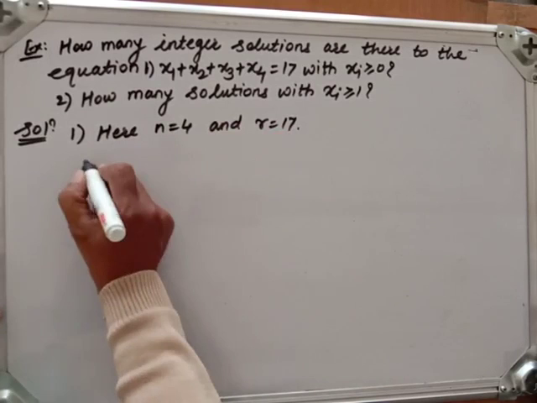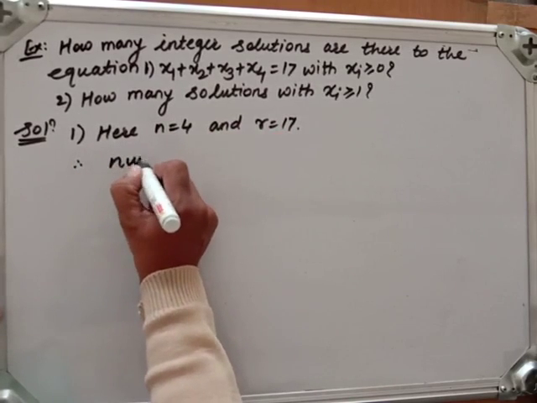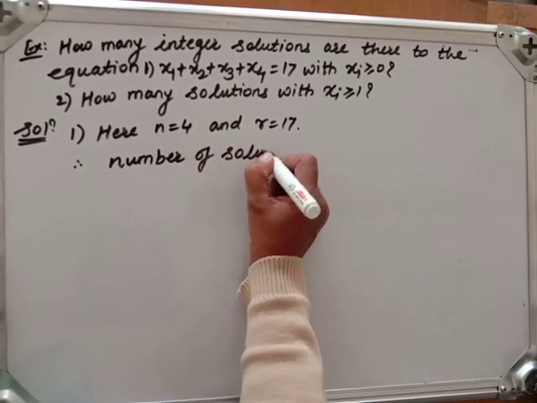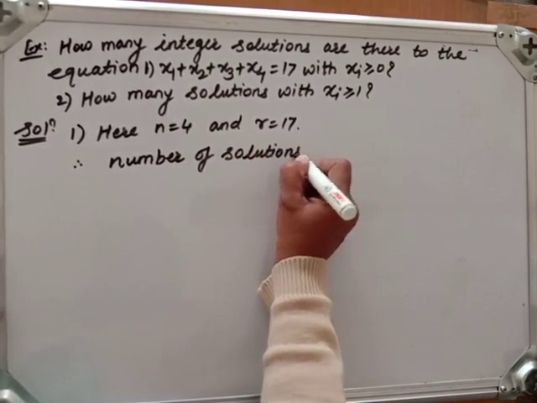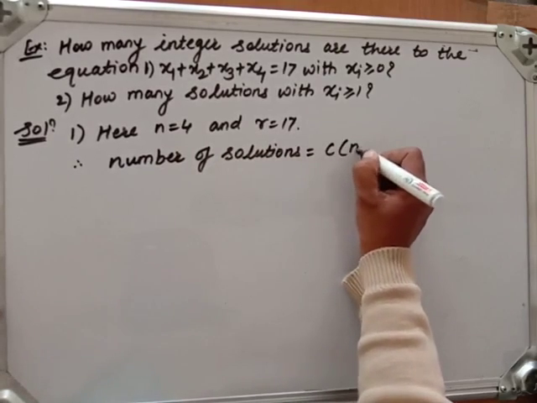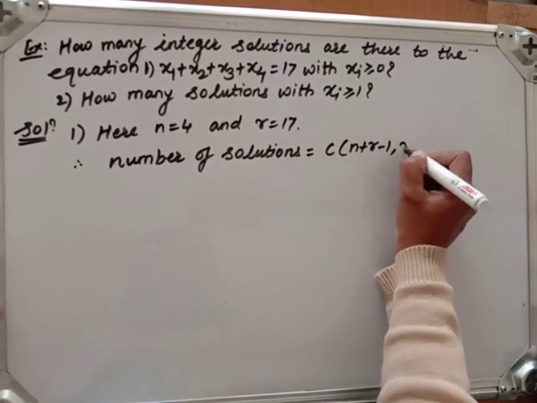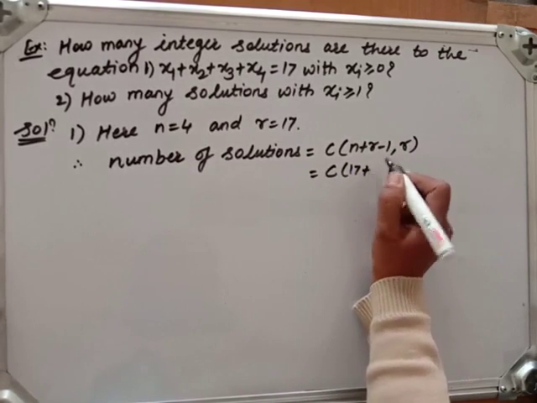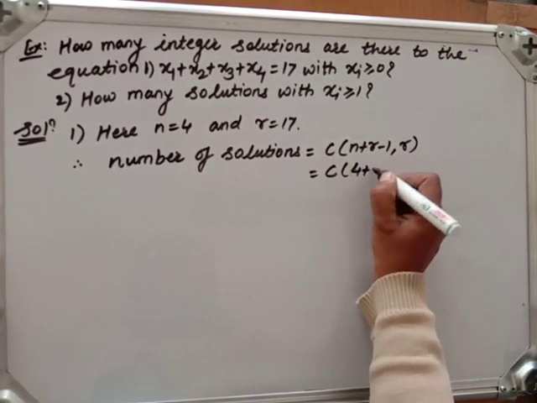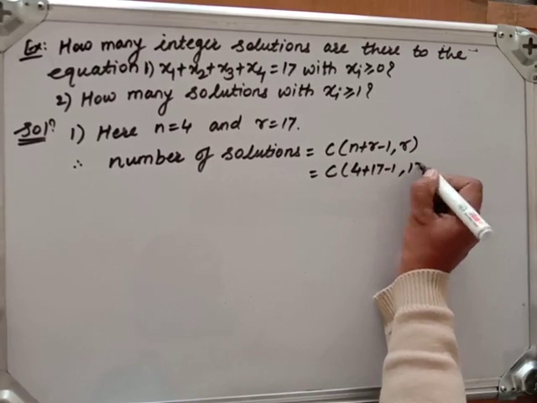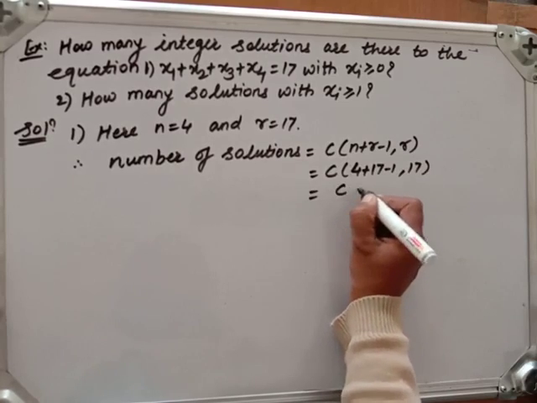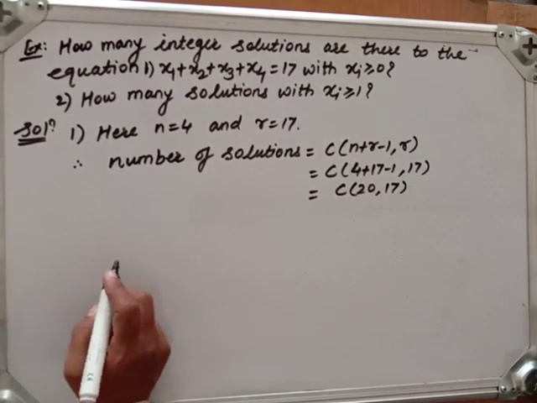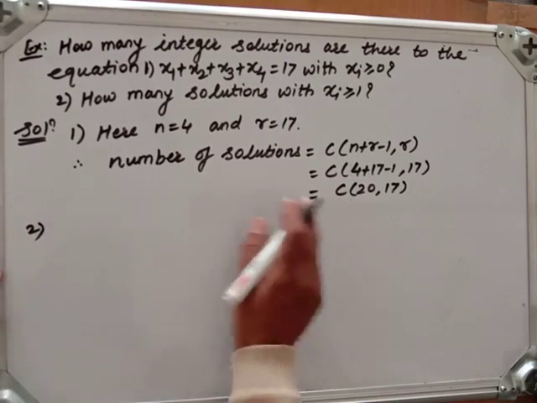Therefore the number of solutions is equal to C(n plus r minus 1, r), that is C(4 plus 17 minus 1, 17). So that is C(20, 17). Okay. This is the answer of the first one.